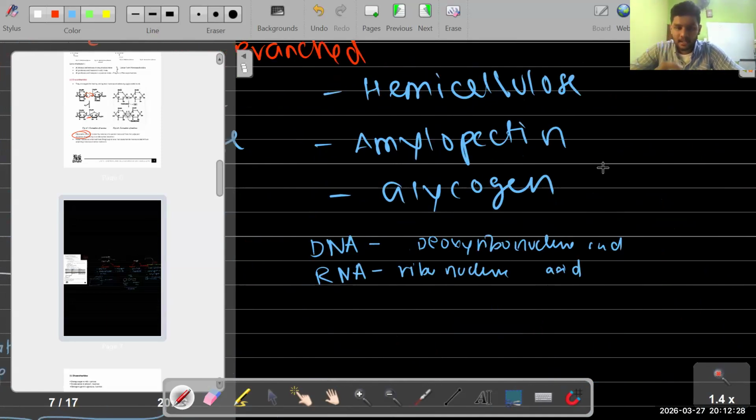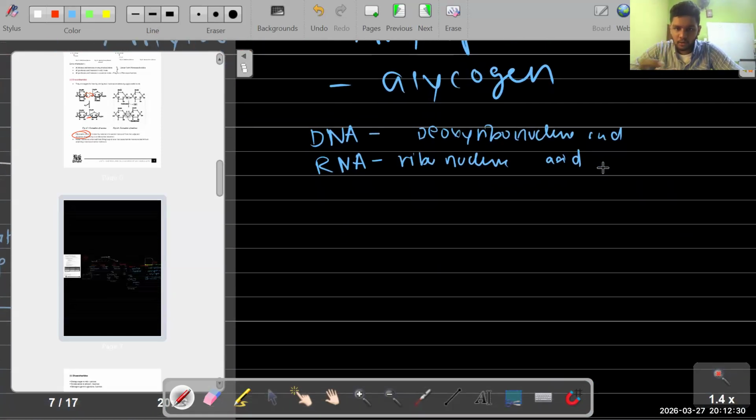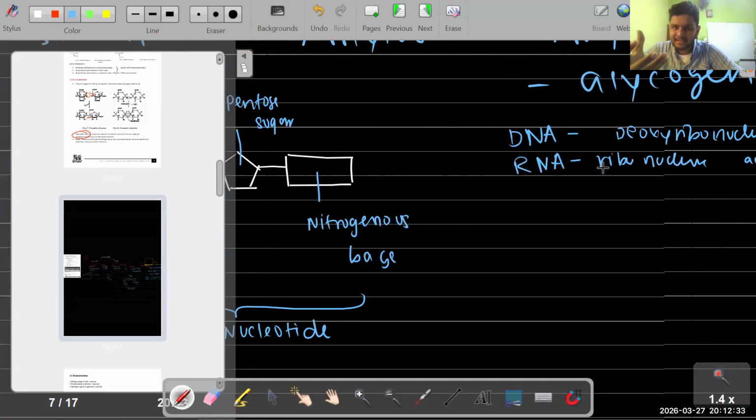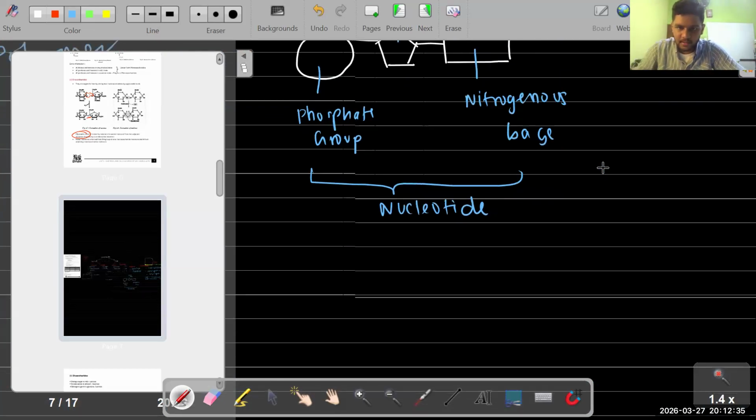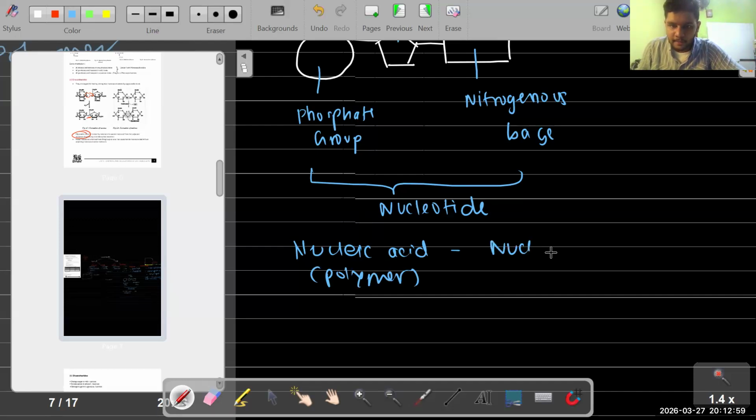For DNA and RNA, for the nucleic acids, the monomers are nucleotides. Can you understand? Nucleic acid is a polymer, the monomer of it is nucleotide, right?